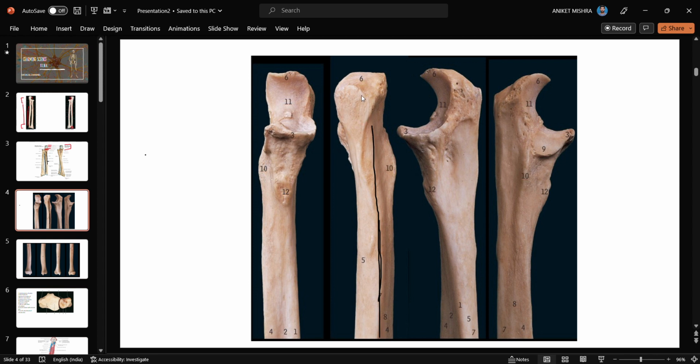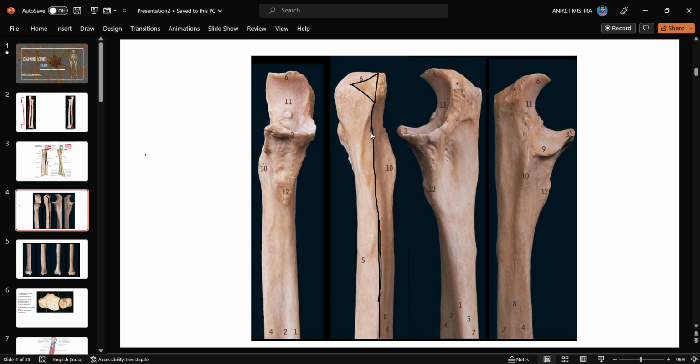It starts at the apex, this is the apex of the triangular subcutaneous area at the back of the olecranon, and terminates at the base of the styloid process.